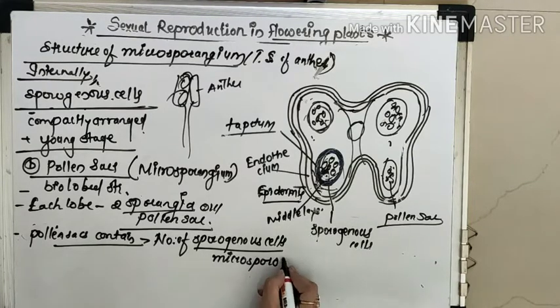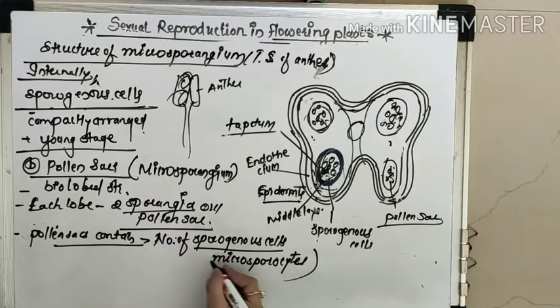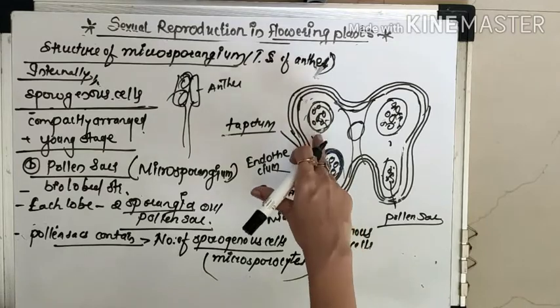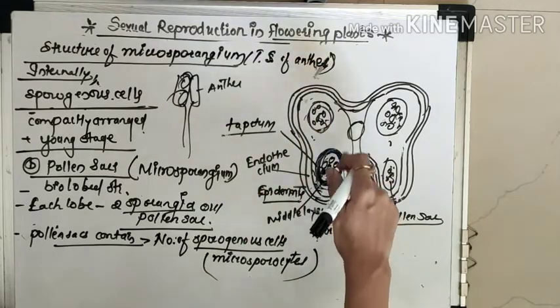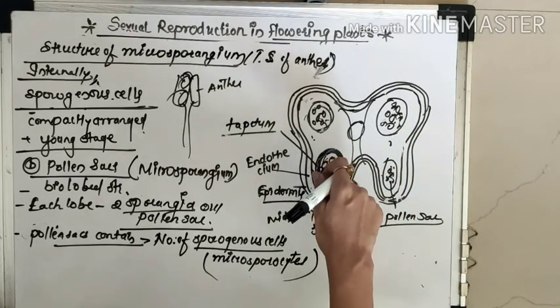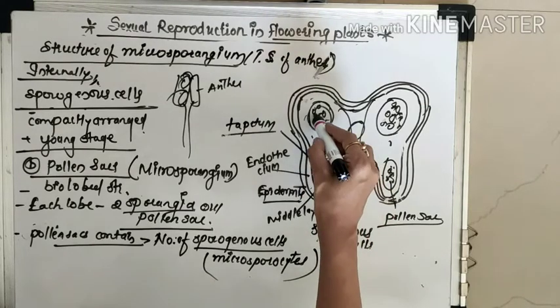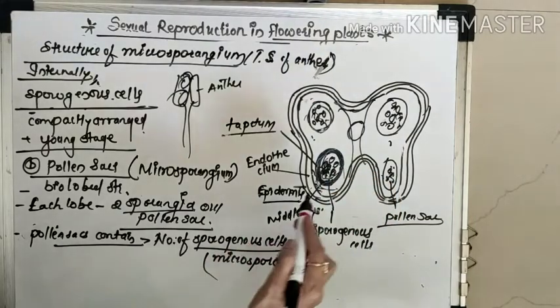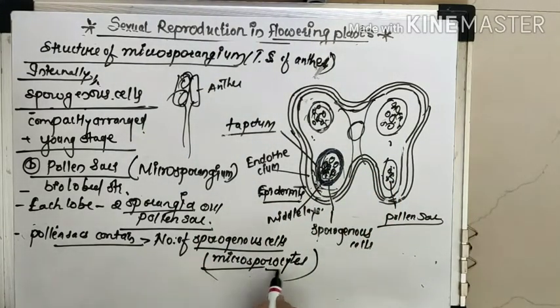Inside, I will draw a circular structure, that is called sporogenous cells, also known as microsporocytes.